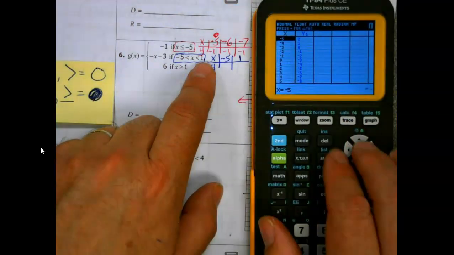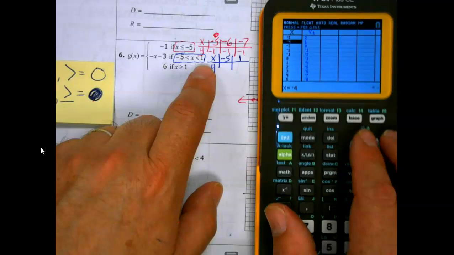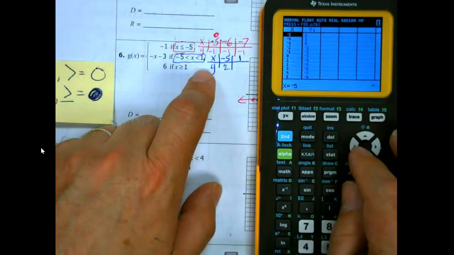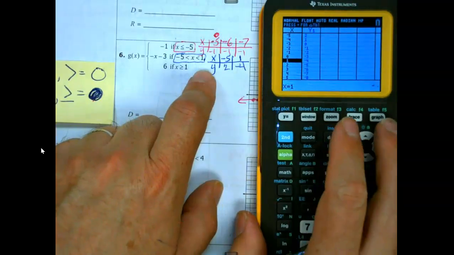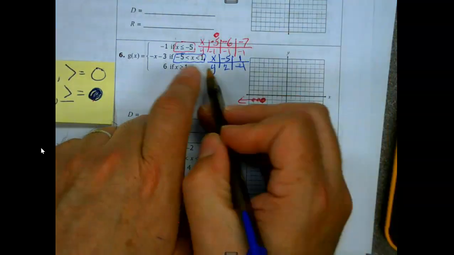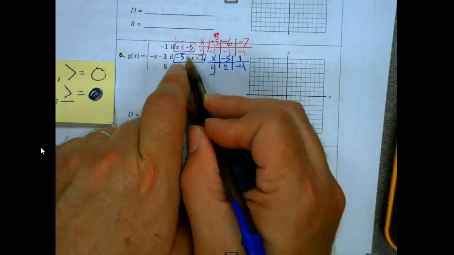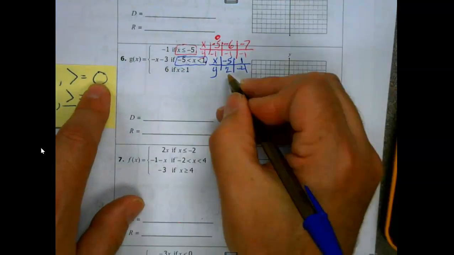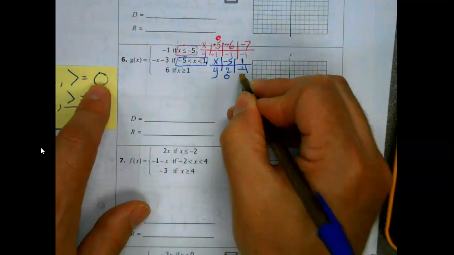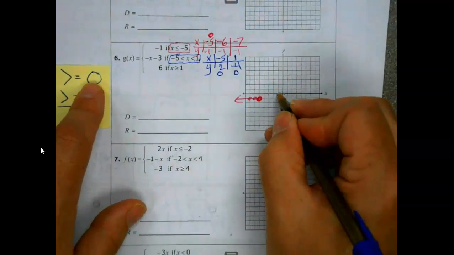I'm still going to get those out of the chart. And notice both arrows are just less than, so they're both going to be open circles.